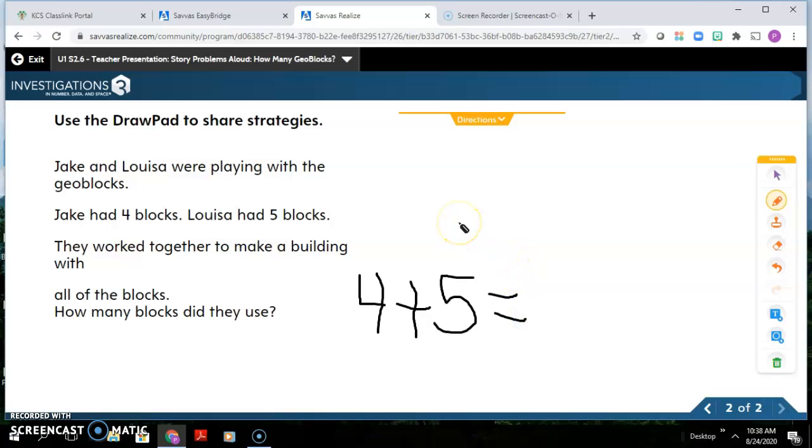So let's think about our strategies. Remember, we can count all. And Jake has 4. So I'm going to put 4 for Jake. And Louisa has 5. So I'm going to draw 5. And I'm going to count those.